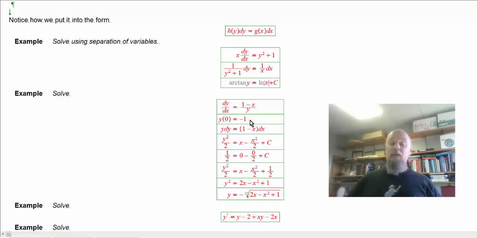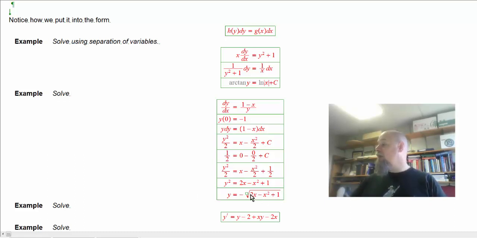But y cannot be equal to 0, because if I go back up to here, that'll give me an infinite y prime. I'd be dividing by 0. So we're actively choosing the negative as an explicit solution. It's a small picky point, but it's important.